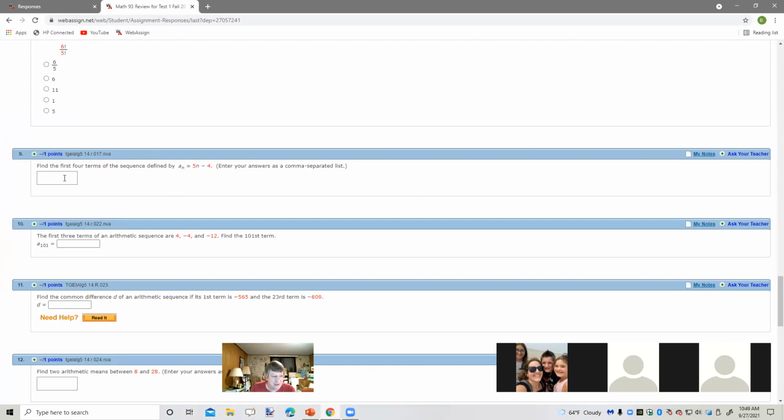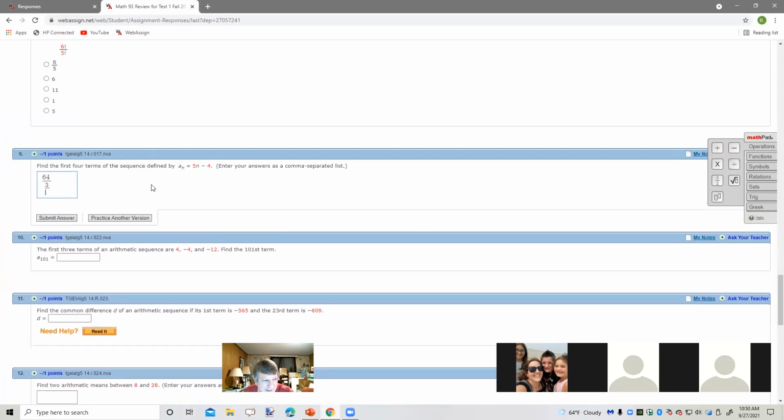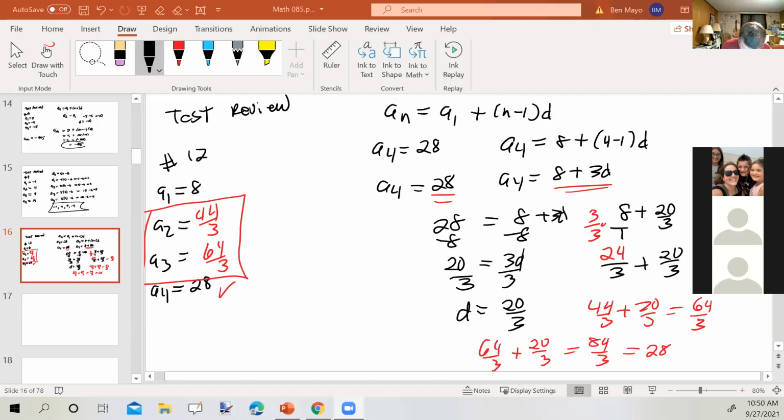Now, I'm not going to do this actual problem. I'm just going to put in a fraction. So let's say I want to put in 64/3. Notice when I clicked on that, a screen came up over here. But even with just 64/3, all I have to do is type 64 and then hit the slash button.